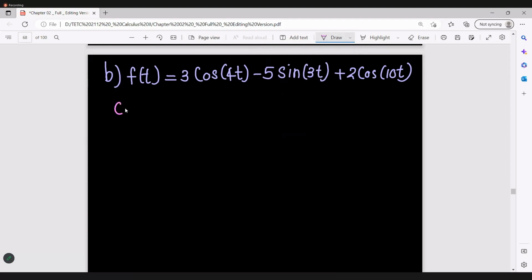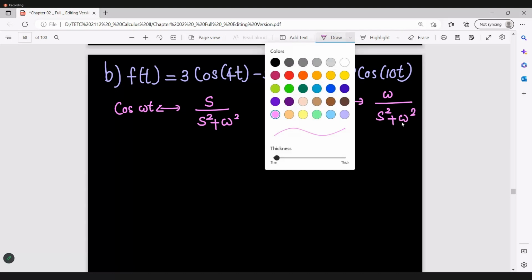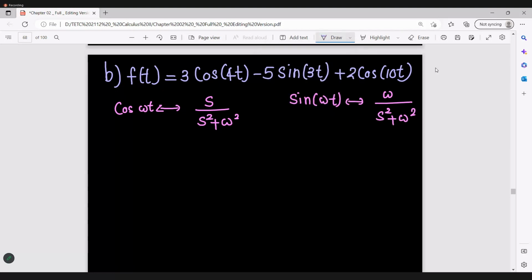If it is cos omega t, then what should be the respective Laplace transform? s over s squared plus omega squared. If it is sine omega t, then omega over s squared plus omega squared. So we are going to use these two expressions to obtain the answer for this problem.